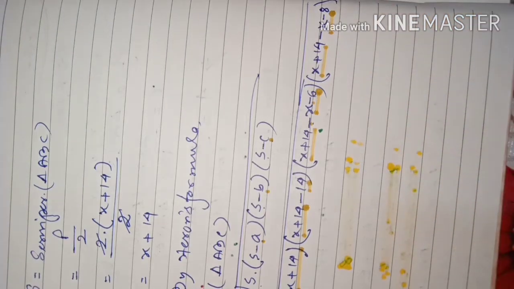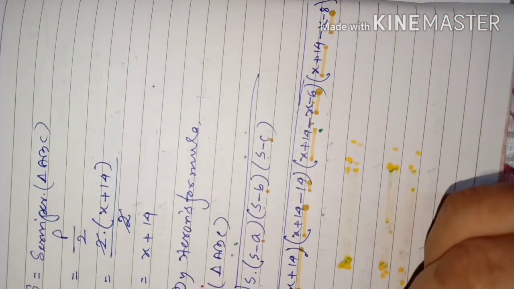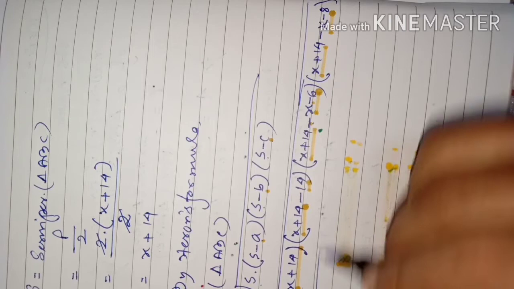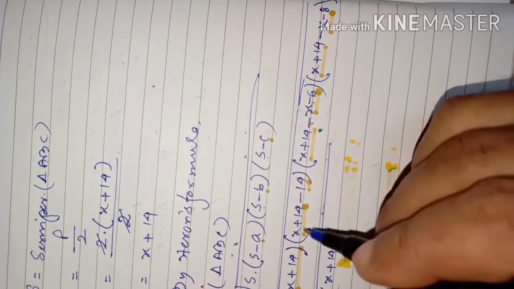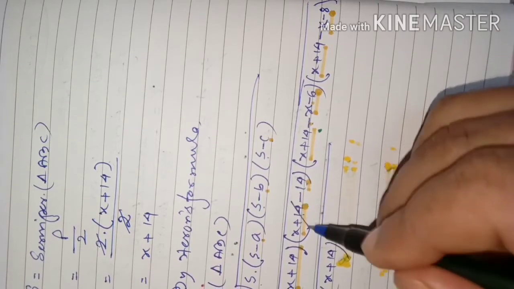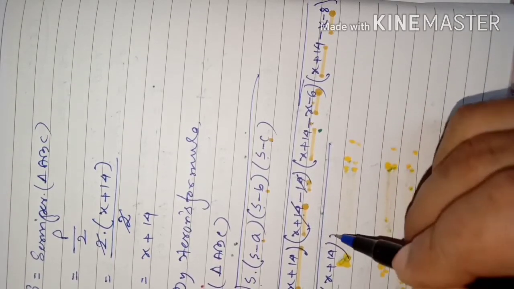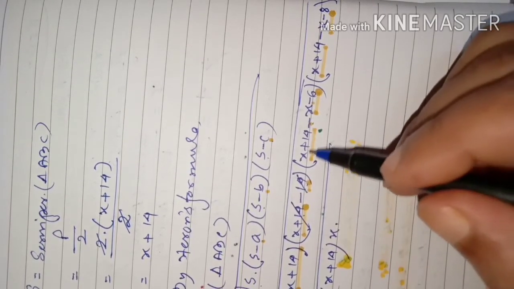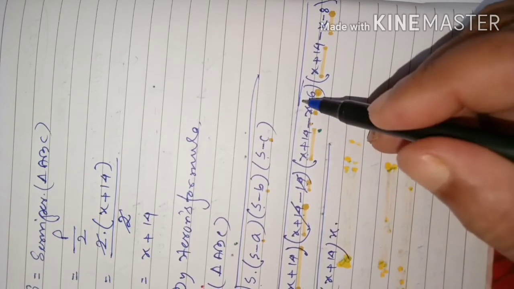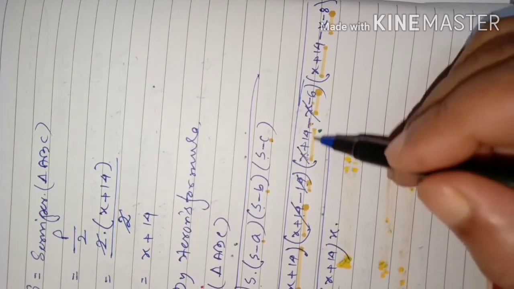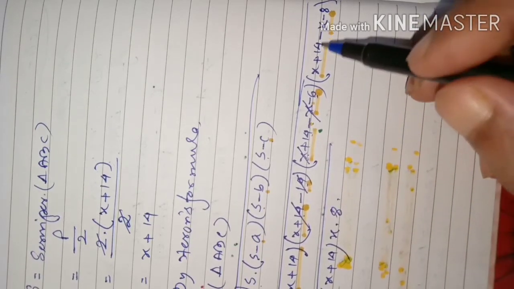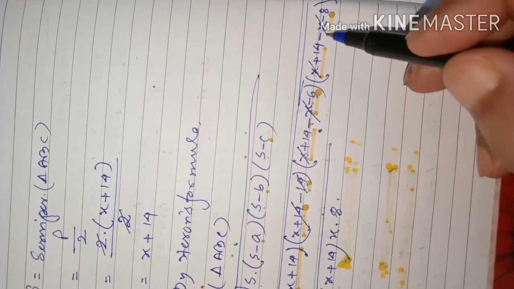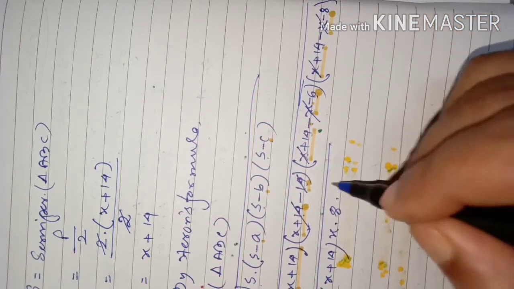So now after simplifying, you are going to get under root x plus 14 as it is, then 14 minus 14 cancel inside, so there will be only x. Then x and x get cancelled, 14 minus 6 is 8, then x and x cancel, 14 minus 8 is 6.